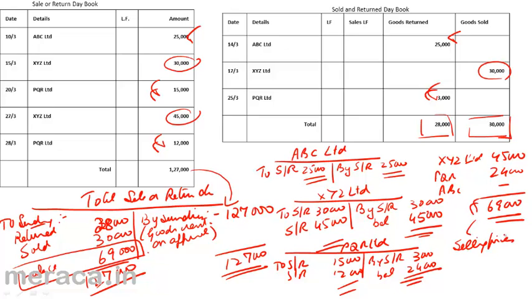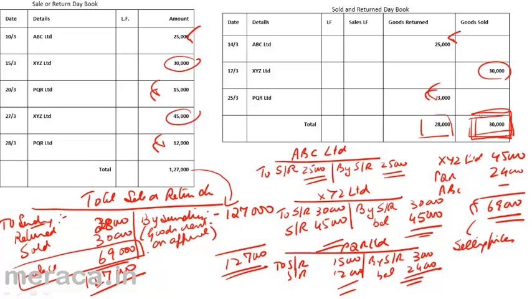When we bring this to our books, we need to do so at the cost price. Also, when goods are sold, this 30,000 needs to be brought into the main books. Sale transaction has to be passed.